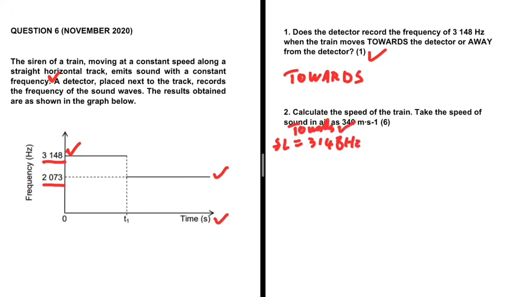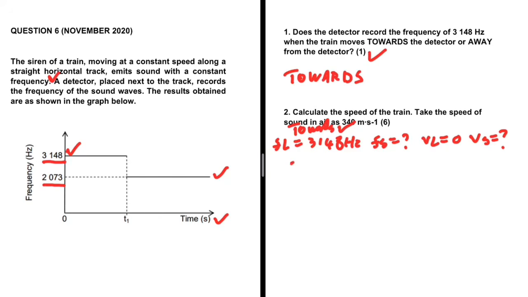Right. And then the frequency which is emitted, FS, is not given to us, so we don't have that. And then our observer is stationary, the detector. So we have VL being equals to 0. We're interested in VS, the speed of the sound source, the speed of the train. And then the speed of sound in air is given to us as 340 meters per second.